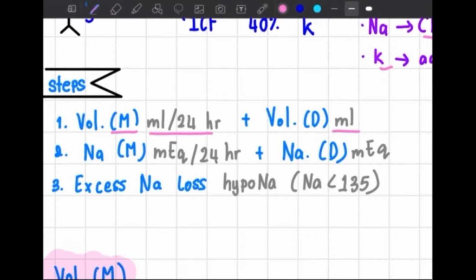The next value I have to consider is the sodium, which is totally a mirror image of the volume. I need the sodium maintenance of that person and their sodium deficit. And the last thing is excess sodium loss. This would only be calculated if that person has a serum sodium that is less than 135.